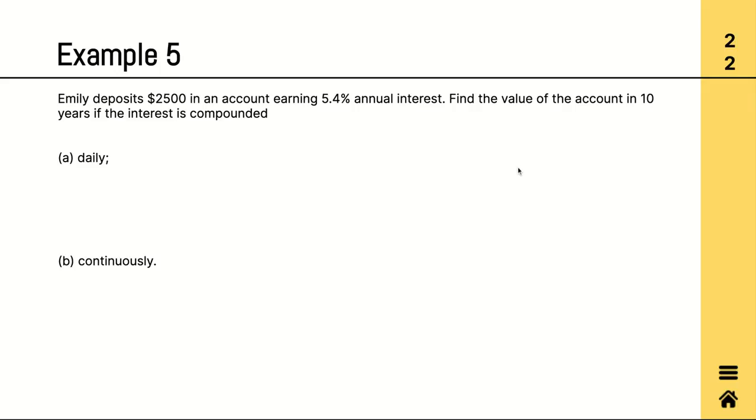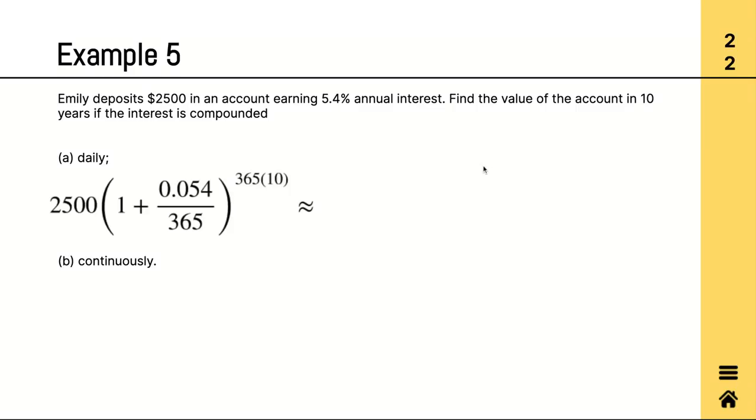So here's an example. Last part of this whole entire section: Emily deposits $2,500 in an account earning 5.4% annual interest. Find the value of the account in 10 years if the interest is compounded daily and continuously. Well, what happens if it's compounded daily? This is not continuously compounded. It's 365 compounds.